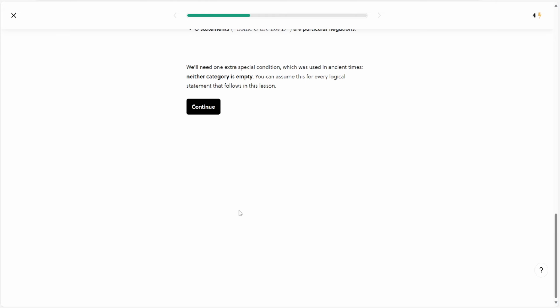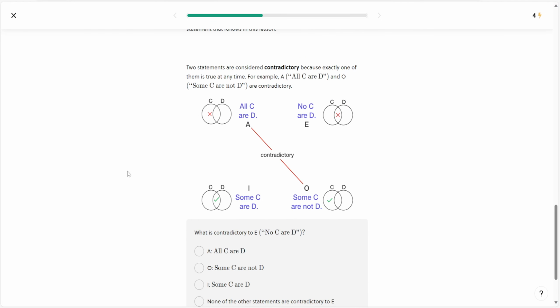We'll need one extra special condition, which was used in ancient times. Neither category is empty. You can assume this for every logical statement that follows in this lesson. Okay. The statements are considered contradictory because exactly one of them is true at any time.